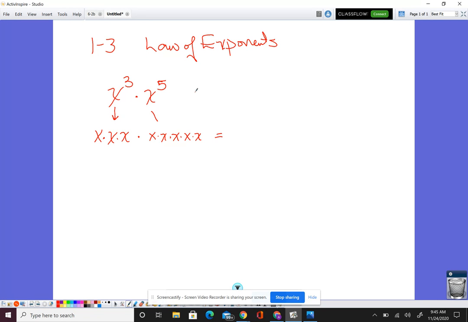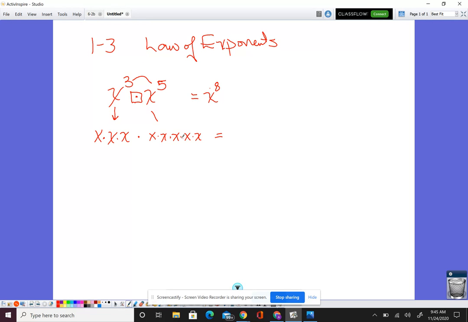8 times. So what do you think we do with these exponents to get our final exponent of 8? Do you multiply them or add them?